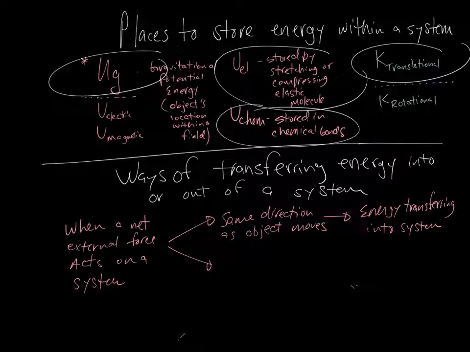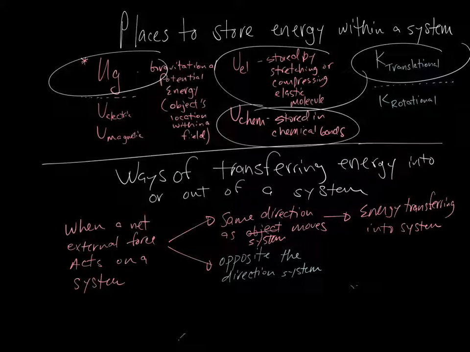Okay? Now, on the other hand, if your force acting on a system is opposite the direction the system moves, so if there's a net external force acting opposite the direction the system moves, then energy would be transferring out of the system.